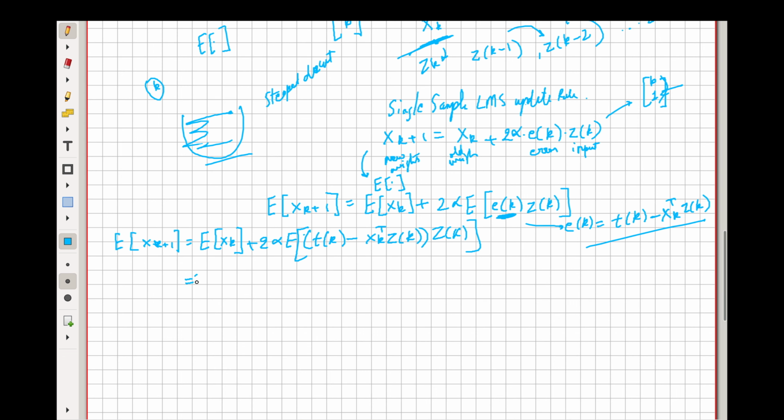We have E[x_k] plus 2 alpha E, and so what we do is multiply this by this, so we get t_k z_k minus x_k transpose z_k into z_k.